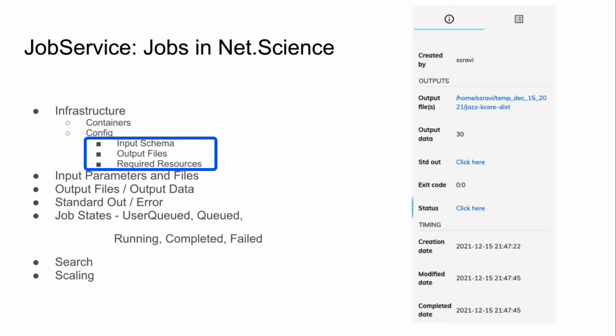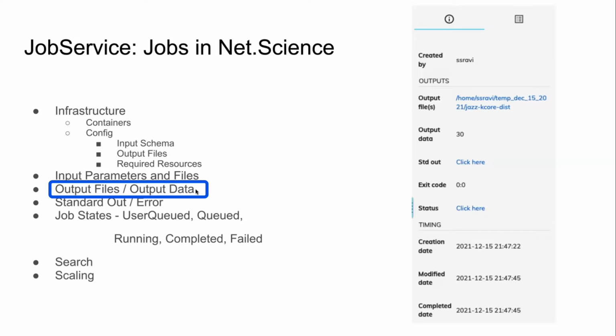And then any one of these containers contains a number of atomic jobs, and these get exposed to the user so that we can submit these jobs. So again, the input parameters and files are included in there, output files and output data. Any one of these jobs can produce either output files or output data or both. And you'll see on the right, it says output files, home, SSRavi, and a full path.